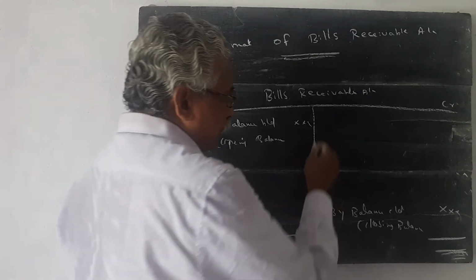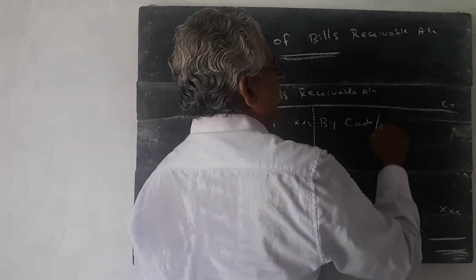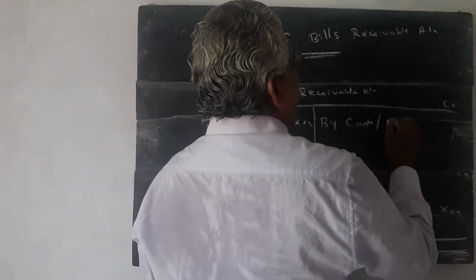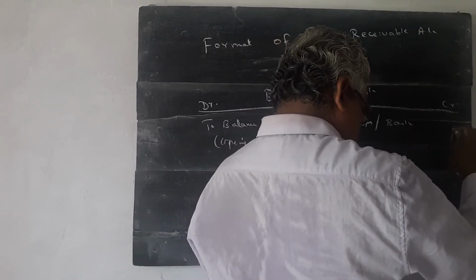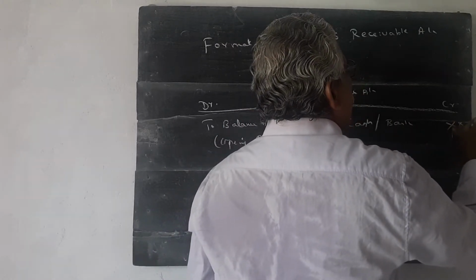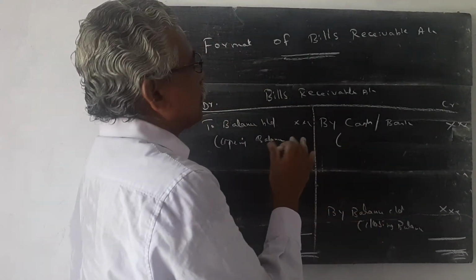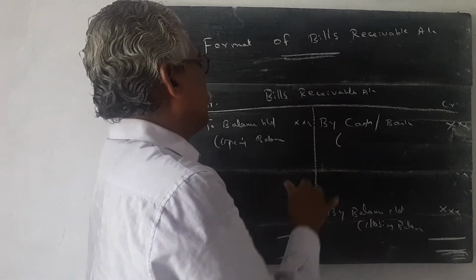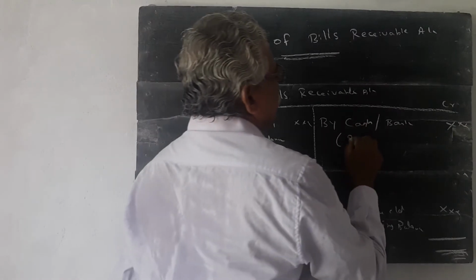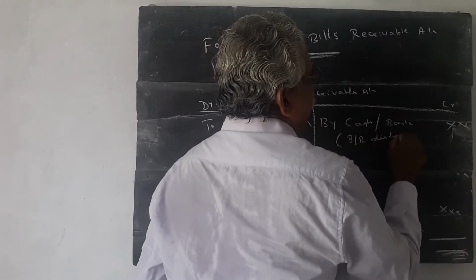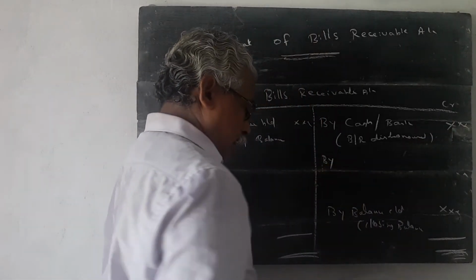Any cash received for bills receivable, cash or cheque or anything, here we write cash or bank. Any bills receivable dishonored has a different entry.